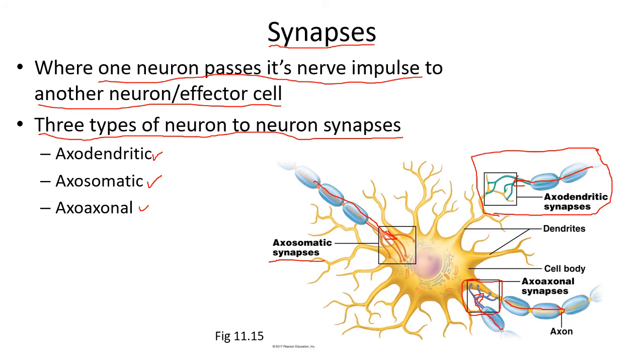So it's not going to be in the middle. We'll have the myelin sheaths in the way. So it's right where the axon is starting to branch out from the cell body that we'll have this axoaxonal type of synapse.